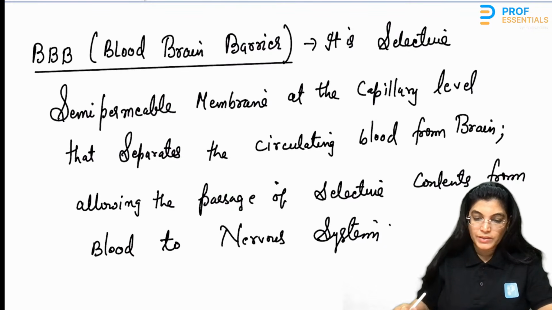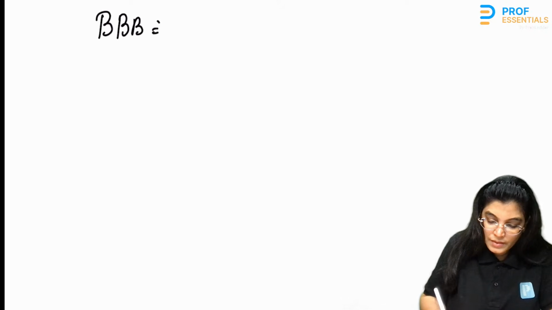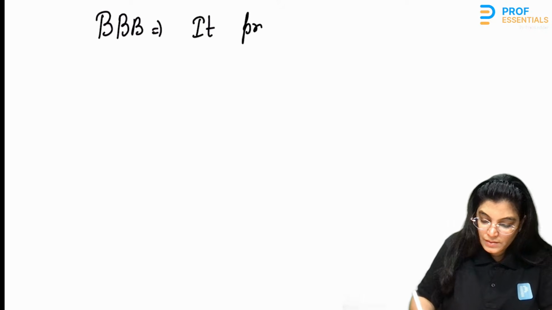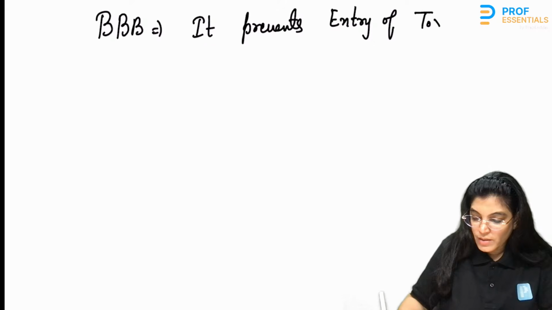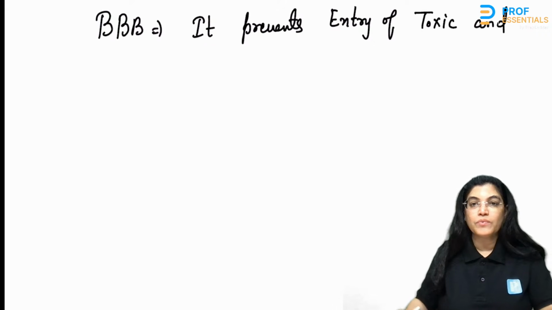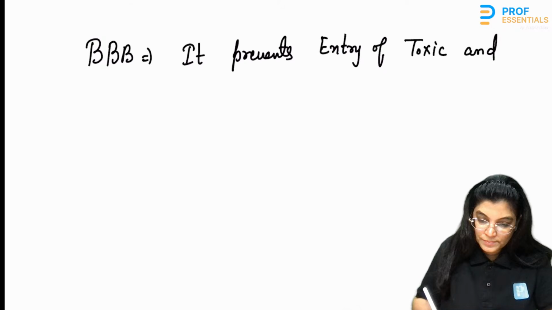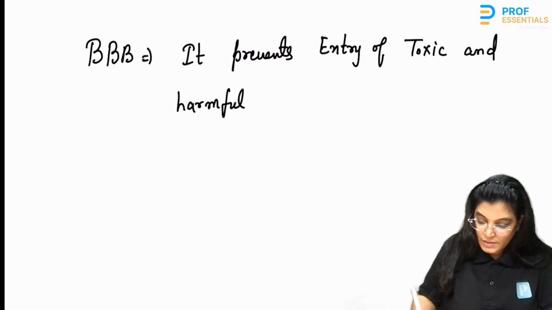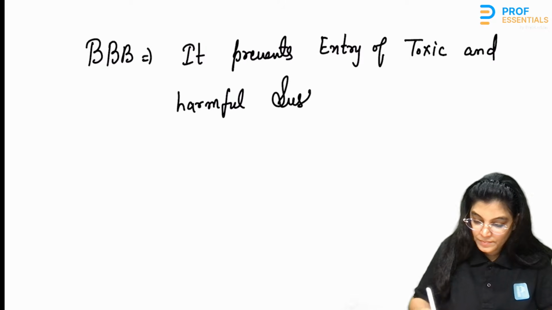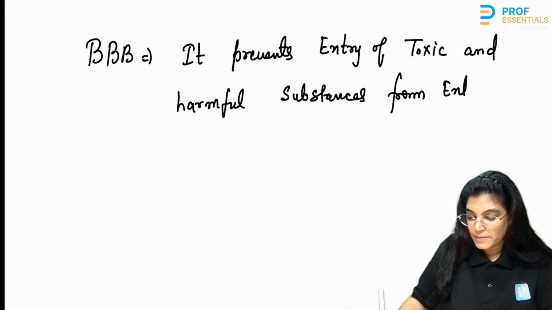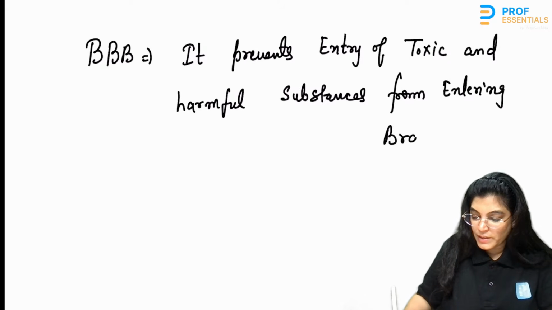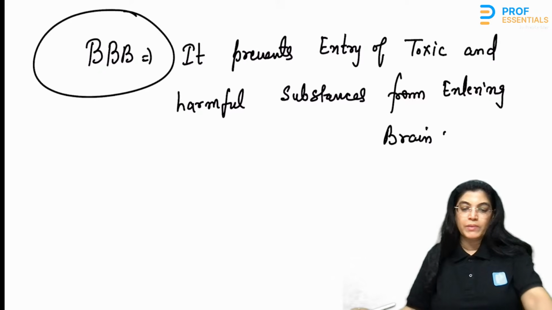So it prevents the entry of toxic and harmful substances from entering the brain. This is an important point about the blood-brain barrier.